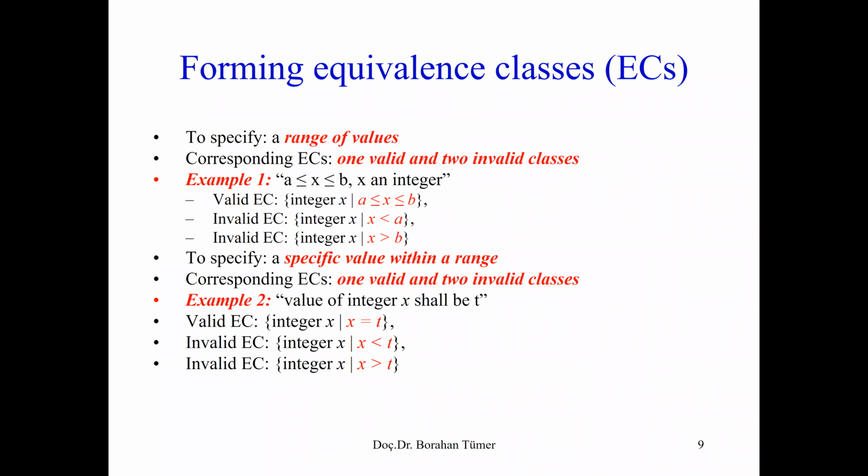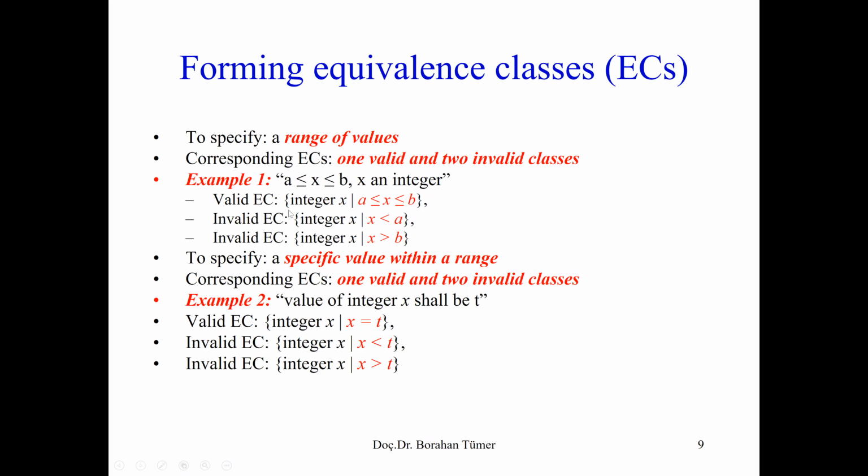Let's take as an example an integer interval between the specific integers a and b, and they are inclusive. So the input values may contain a and or b. What do we need to do to test the software product for such a range of values between a and b, inclusively? We have to create one valid equivalence class and two invalid equivalence classes.